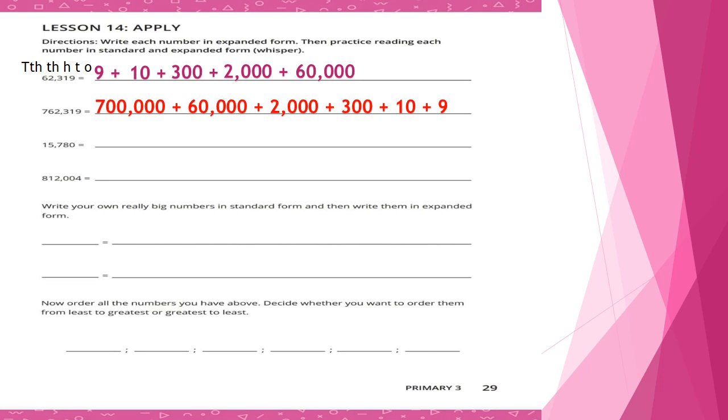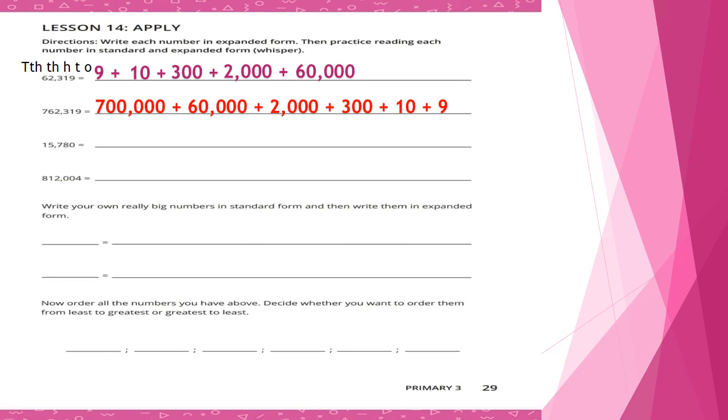Another number. Let's read from the left and don't forget the comma. We say 1,000 when we reach the comma. 15,780.